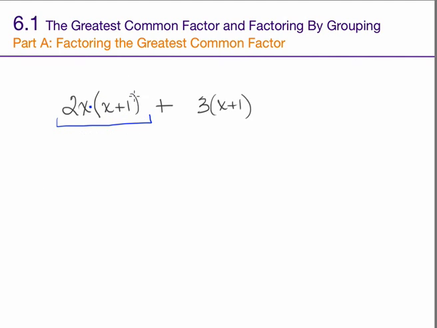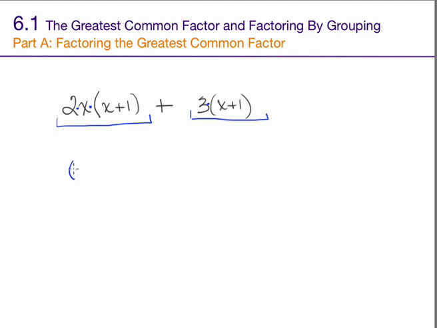This term here, notice that it's separated from the other term by a plus sign. This term here has three factors in it, a 2, an x, and an x plus 1. This term here has two factors in it, a 3 and an x plus 1. What do these two terms have in common? Specifically, what factor do they have in common?